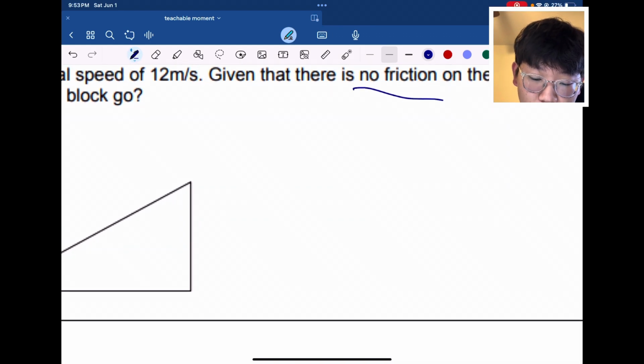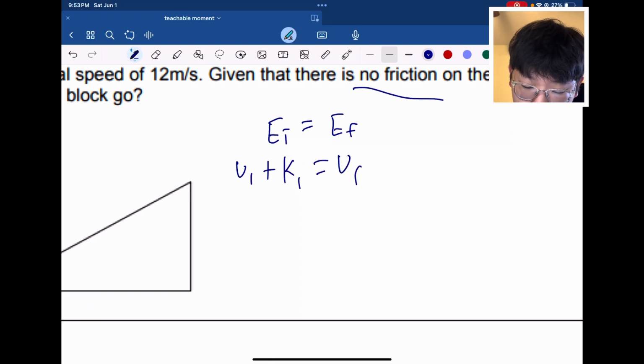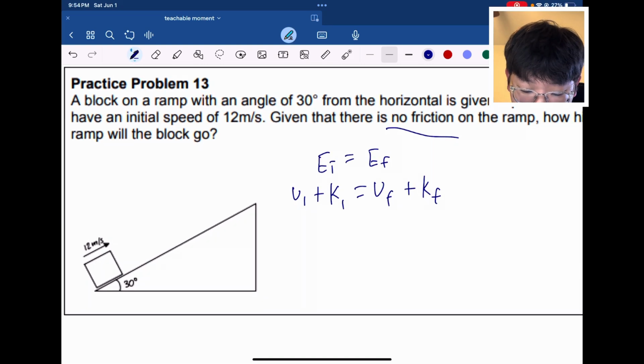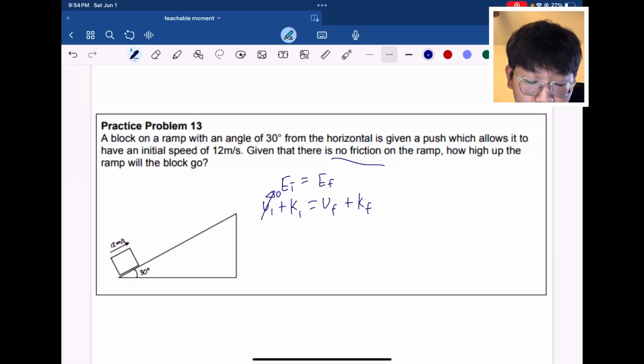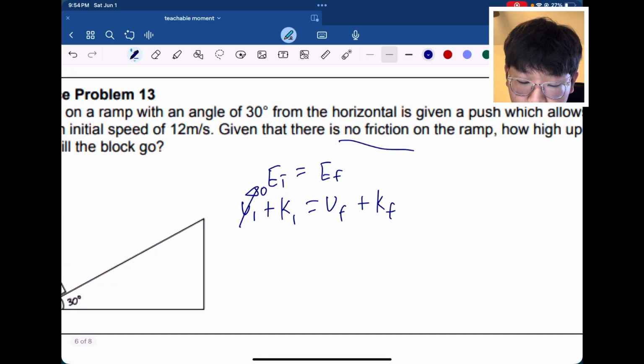We can set up EI equals EF, which means potential energy initial plus kinetic energy initial is potential energy final plus kinetic energy final. The initial height is 0, so there's no potential energy initial. How high up the ramp will the block go means that at the maximum height the block is momentarily at rest, so there should be no kinetic energy.